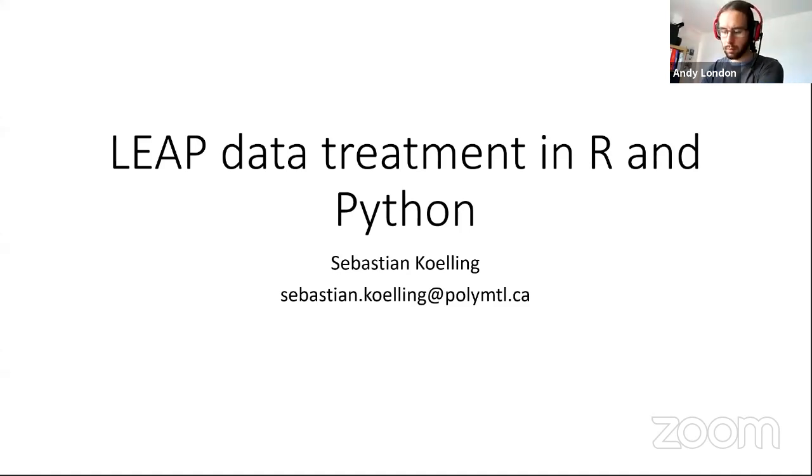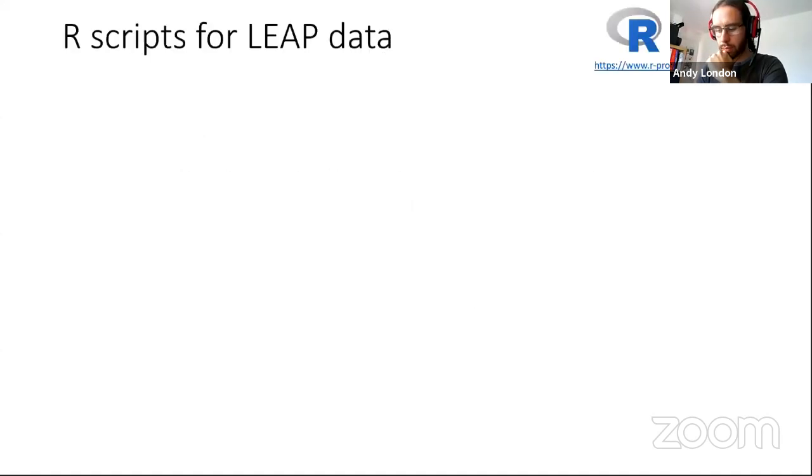So as already indicated by the title, there have been two software packages I've mainly used for more advanced data treatment. One is R and one is Python. I'll briefly introduce the packages and tell you what I've done over the last few years. So R is basically a programming language similar to what you would have from Python or Java, but it's developed for statistical data treatment and data mining.